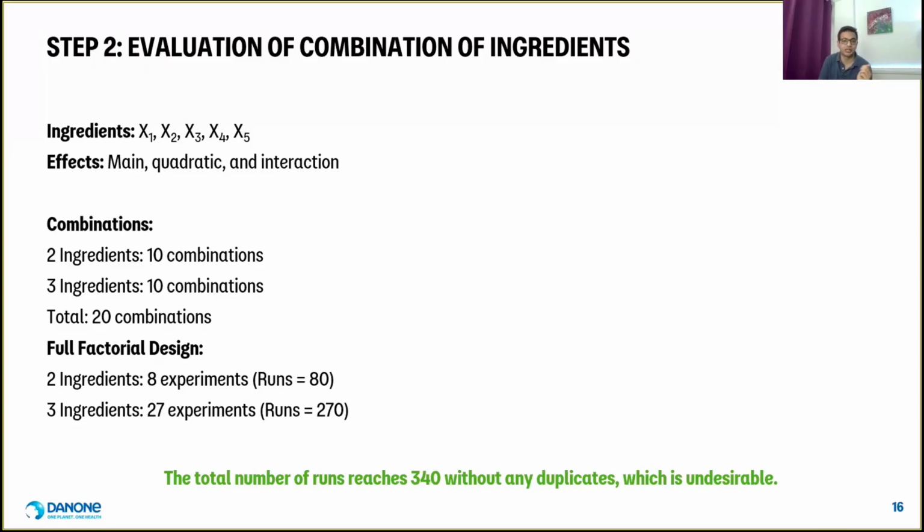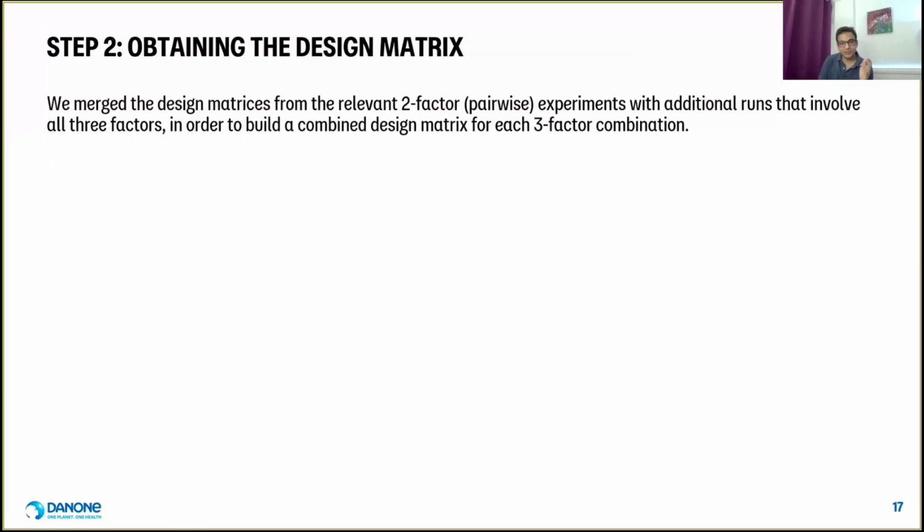It's just going to take too much time and resources. So now, to overcome this problem, what we decided to do was to design 2-factor experiments where we have 2 ingredients, and we're going to combine all of that data to get the design matrix for the 3-factor combination. I will go into more detail on how it looks.